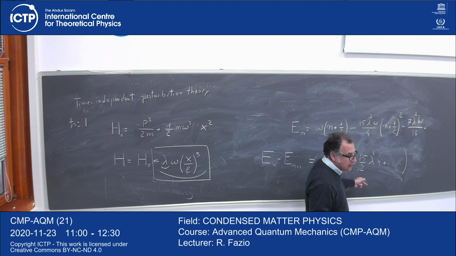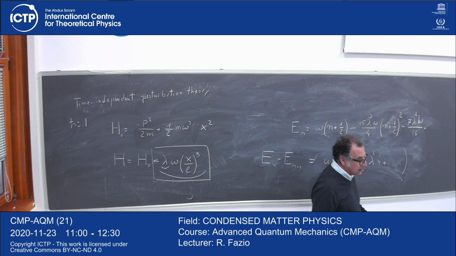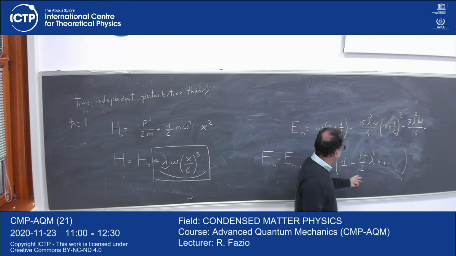This is nonsense in the sense that we started by assuming that the perturbation was small, and we derived some formulas that are applicable only in this limit. So the resulting expression should obey this initial hypothesis.